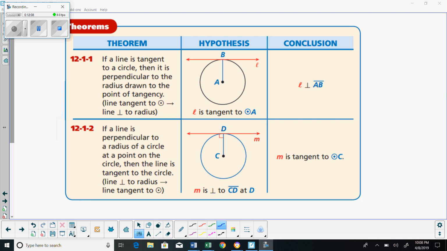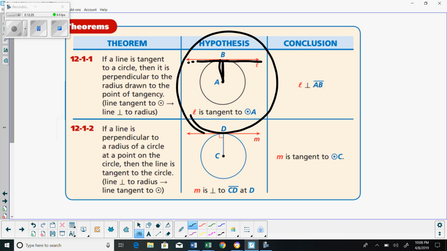So in this sketch, we have a circle with a line L that's tangent to it, and if line L is tangent to the circle, then the radius drawn to that tangent line is going to be perpendicular. So we're going to have a right angle there.